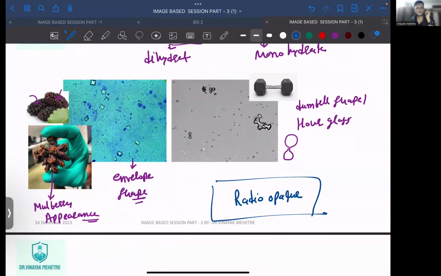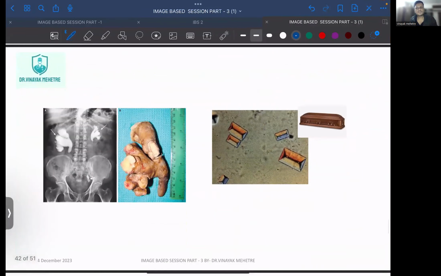Okay, every stone has a story, so सबकी होती है। What is this stone? Okay, you came from a foreign country, so you would have seen a coffin, right? So it is coffin lid shape. ये ऊपर वाली, it is called as coffin lid shape, right?